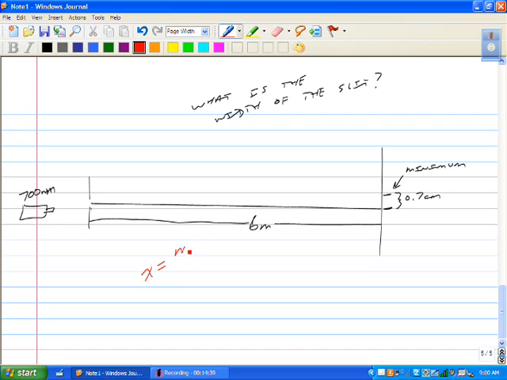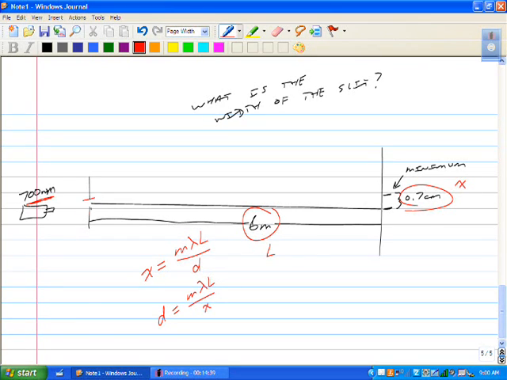x equals mλ L over d, and I'm solving for d. So this is big L. This is x.